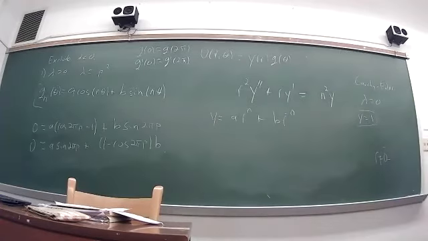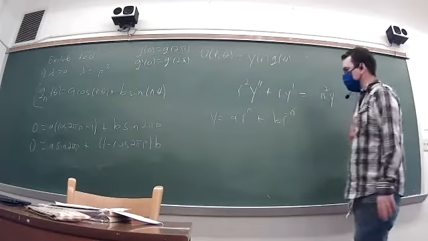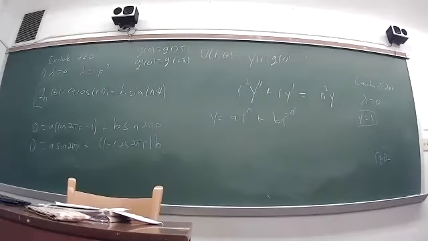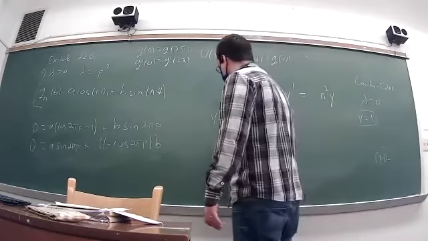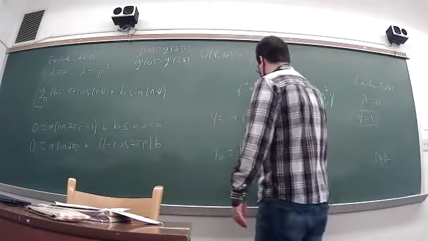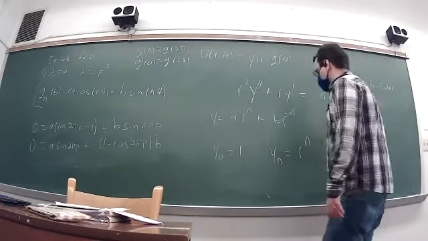But for here, what does our implicit condition at r equals 0 tell us? We don't want blow up at r equals 0, so we want to take b equals 0. And so I want to be taking y0 equals 1 and y sub n equals r to the n.